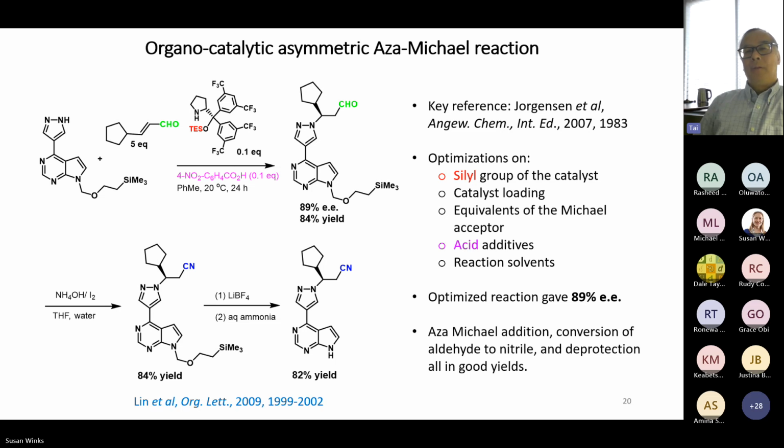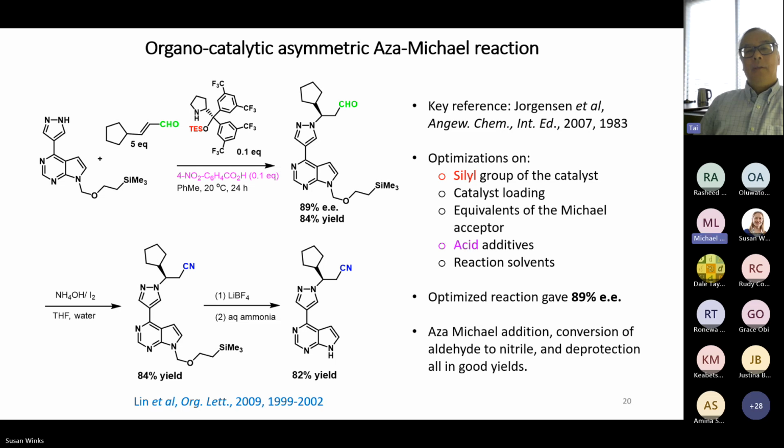After a lot of screening and optimization work, I'm just going to show you the end result. We optimized the silyl group of the catalyst. We studied the catalyst loading, the equivalents of the Michael acceptor, and the acid additive, which is shown in pink here, is also very important. We made a study on these factors and came down with the conditions shown in the scheme.